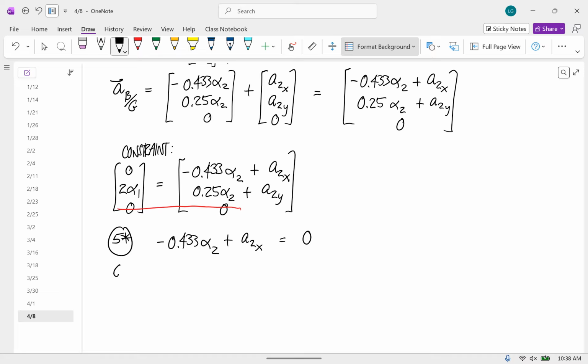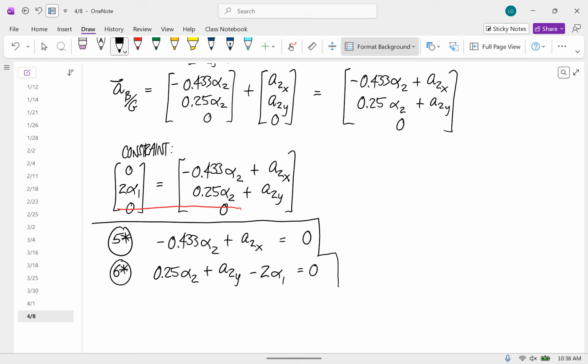And our equation 6 star says, remember you have to get all the variables on one side, so I'll write that as 0.25 alpha 2 plus a2y minus 2 alpha 1 is equal to 0.